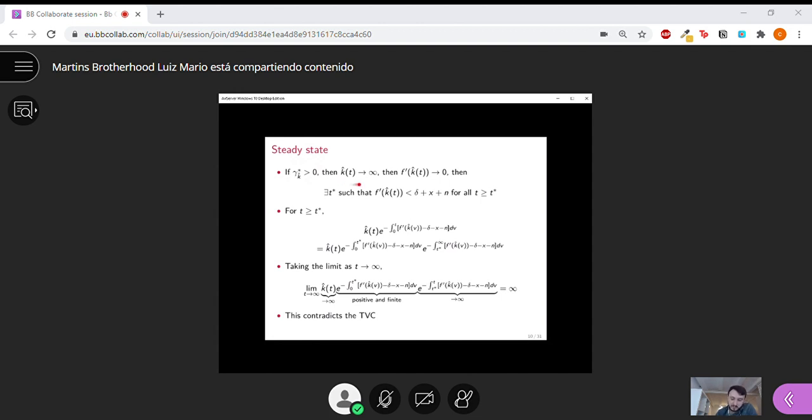And this must mean necessarily that K hat goes to infinity. Okay? Because look, K hat dot over K hat is positive. Remember that K hat dot over K hat is a number, for example, 1%.